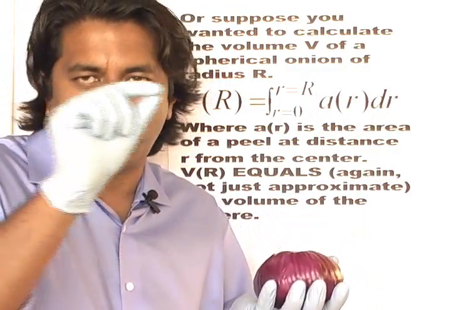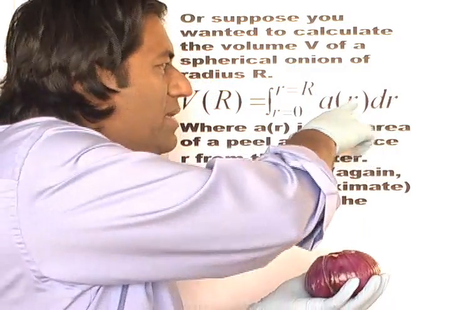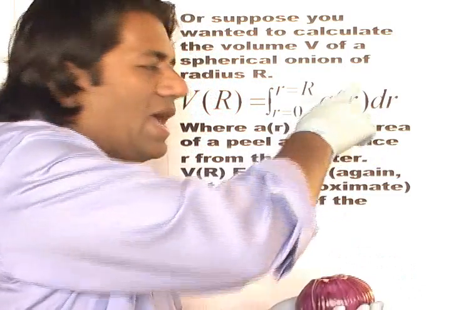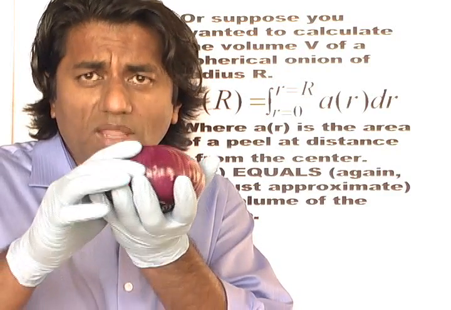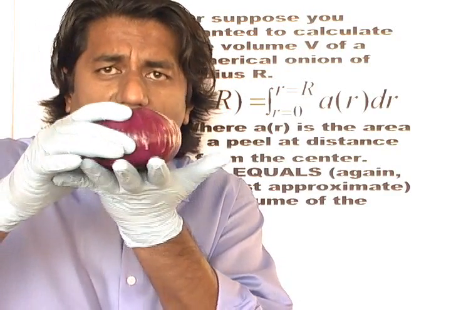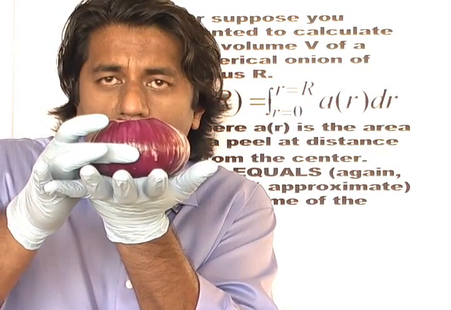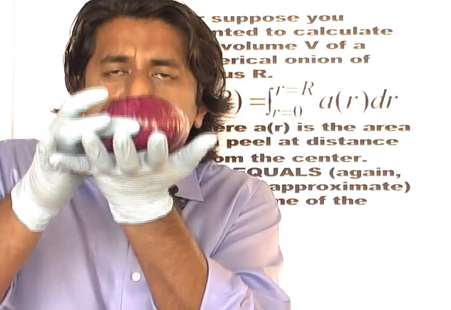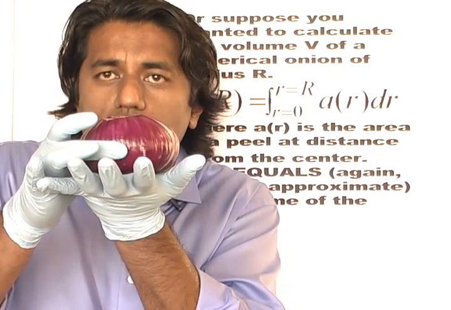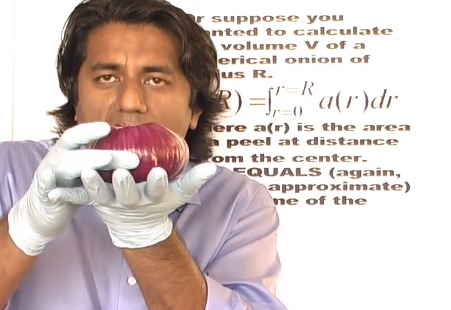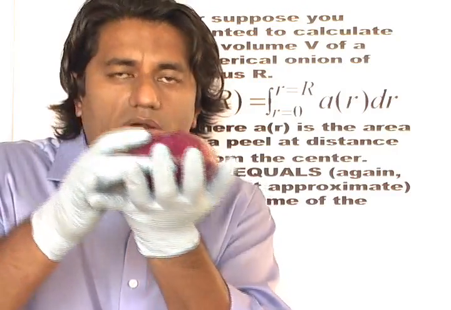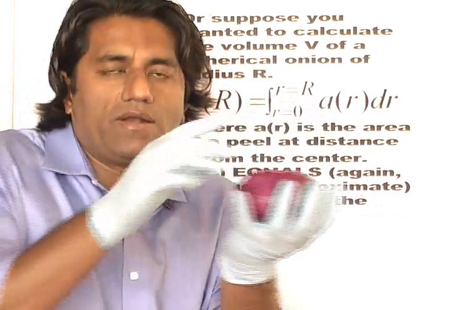So the area is a function, and it depends on r. The actual formula is A(r) equals 4 pi r squared. So we know that a sphere with a radius r has a surface area equal to 4 pi r squared, as represented by A(r) here.